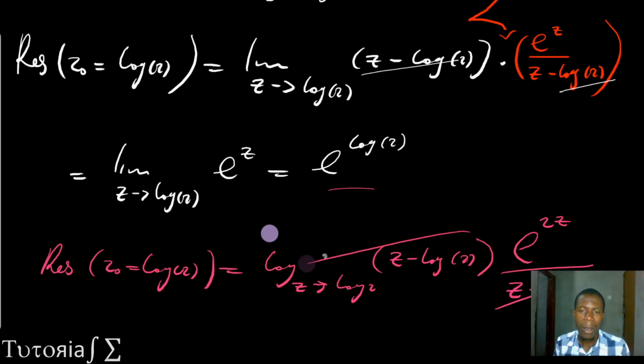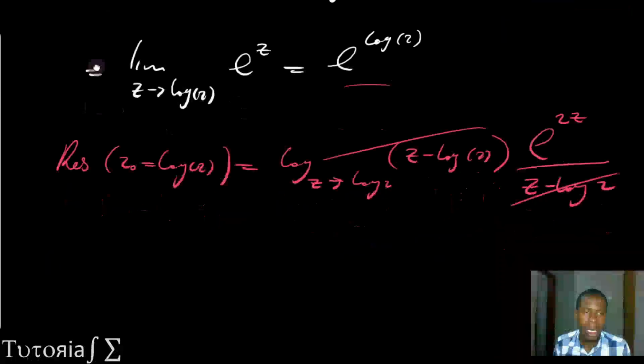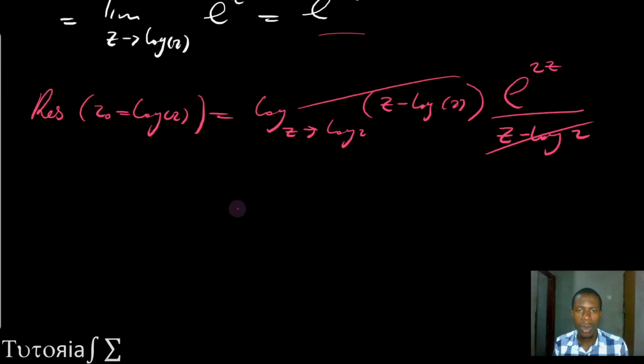After simplifying, what you could have done is simplify the log of z, log of 2, then e to the power 2z.